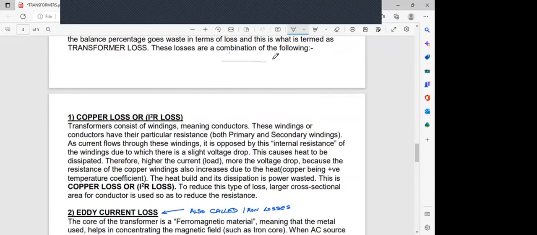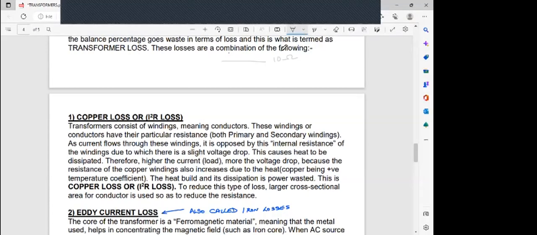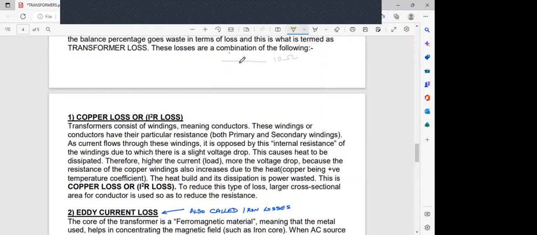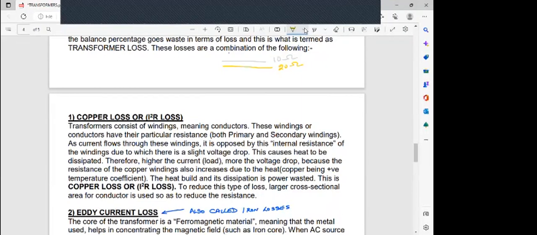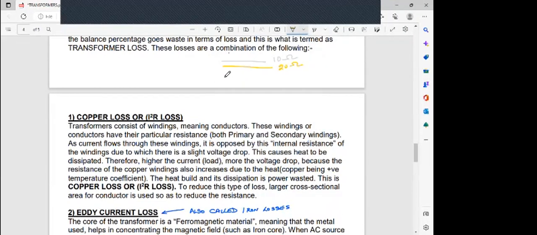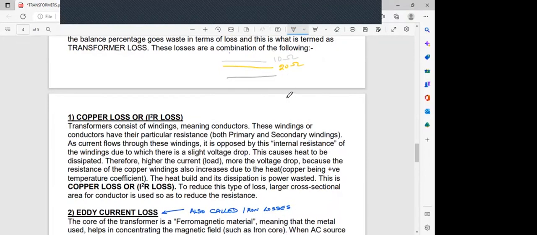Silver will have, say, 10 ohms. For example, this is an out of the hat figure. Your copper, say your copper looks something like this, will have, say, 20 ohms for the same length. And say aluminium, for that same length, will have, say, 30 ohms.